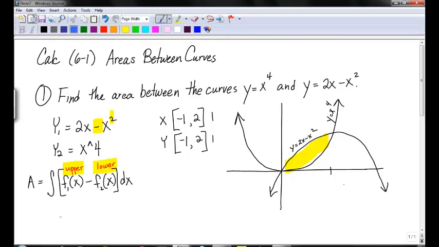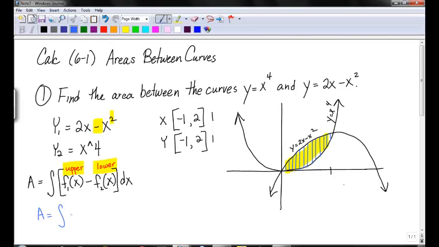When you're doing this, you're actually figuring vertical slices. Everywhere you do a vertical slice, the top curve is always 2x minus x squared, and the bottom curve is always the x to the fourth.